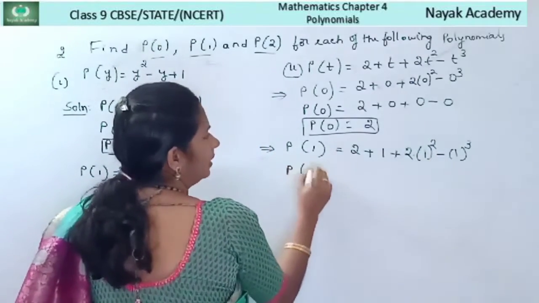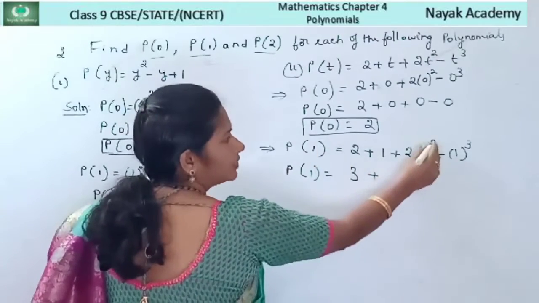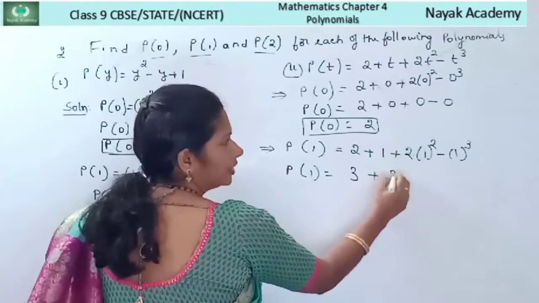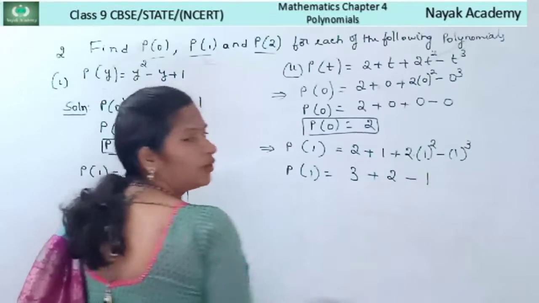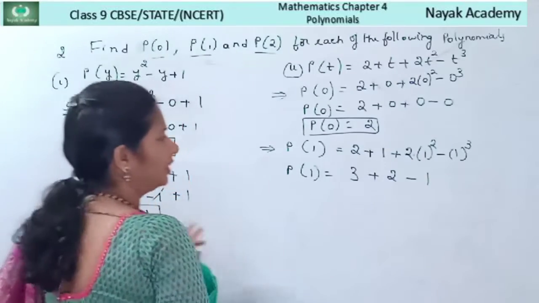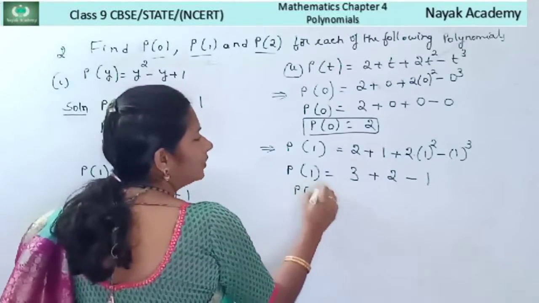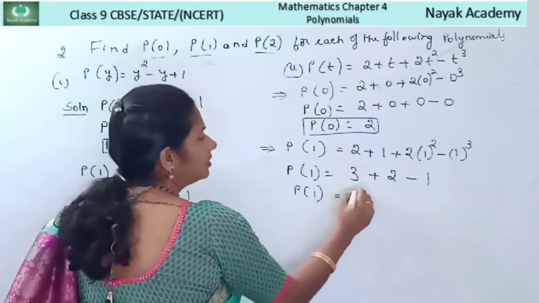So p of 1 equals 2 plus 1, it is 3, plus 1 square is 1, 1 into 2, it is 2, minus 1 cube is 1. 1 you have to multiply 3 times, 1 into 1 into 1, you will get the answer as 1 only. So p of 1 value is 3 plus 2, 5, 5 minus 1, it is 4.